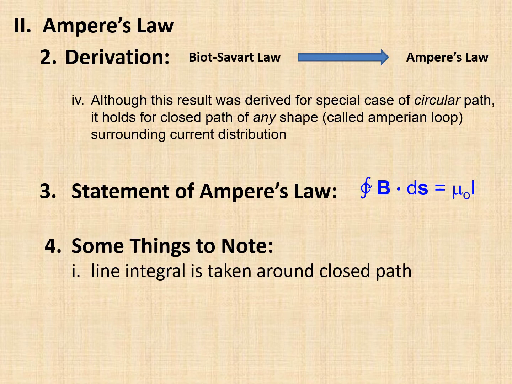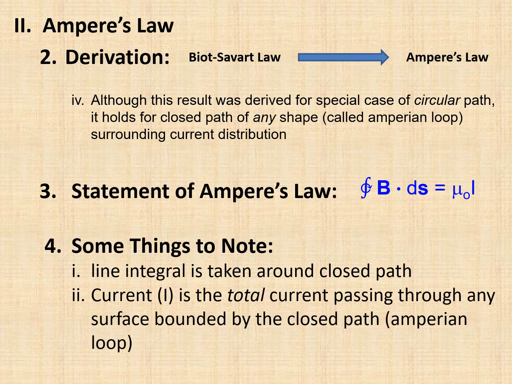First of all, the line integral is taken around any closed path, and we'll talk more about what sort of path we're going to be looking for with our current distributions. And secondly, the current on the right-hand side of Ampere's law is the total current passing through any surface that is bounded by the closed path.